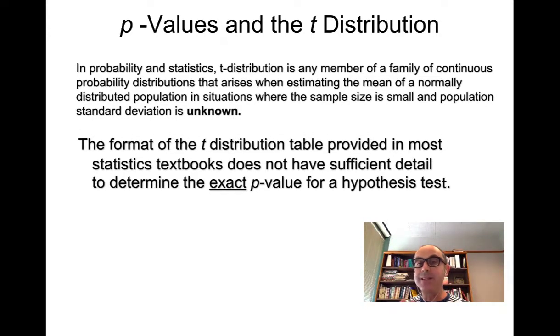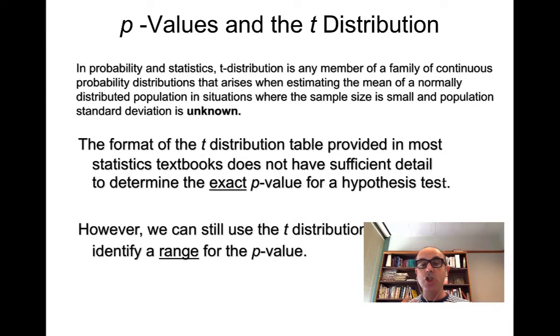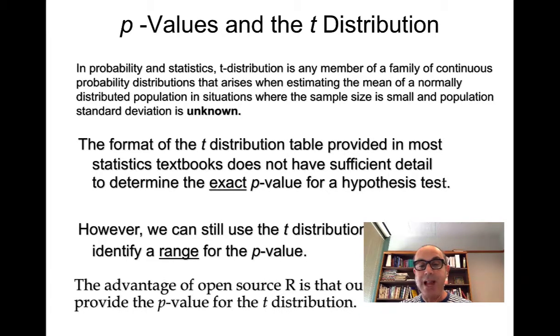The format of the t-distribution table that statistical textbooks provide does not give us enough detail to determine the exact p-value for the hypothesis, as the z-table does. However, we can use the t-distribution table to identify the range of the p-value.